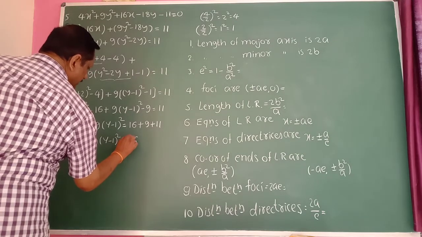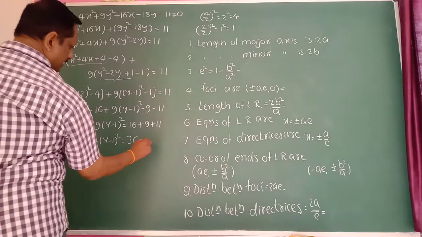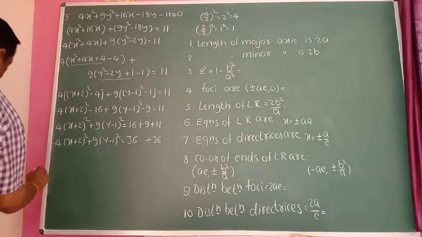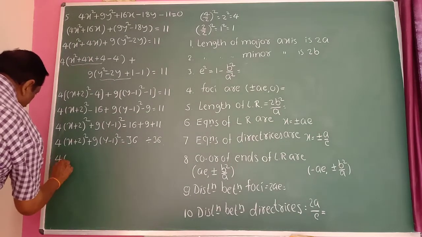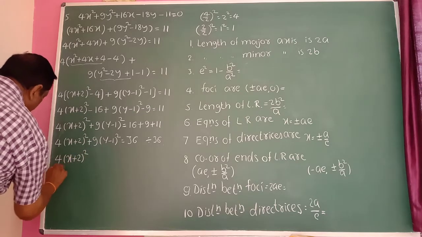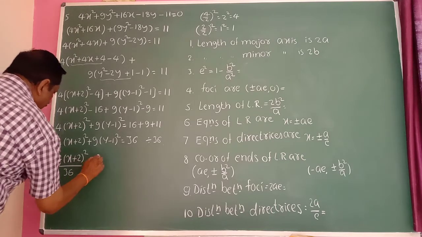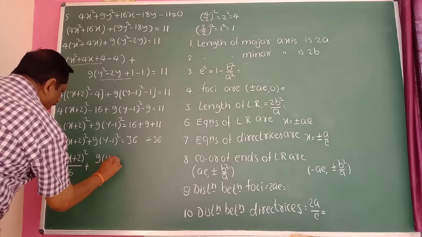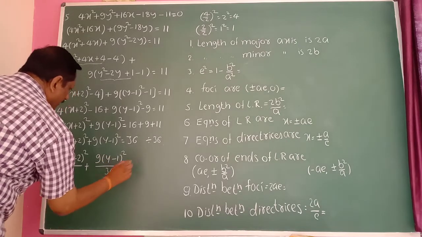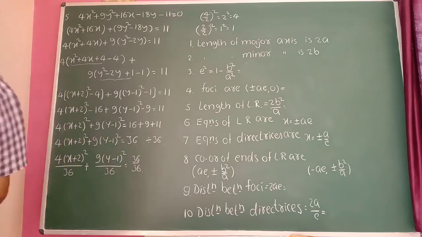Then dividing both sides by 36, we get 4 into x plus 2 whole square divided by 36, plus 9 into y minus 1 whole square divided by 36, is equal to 36 divided by 36.